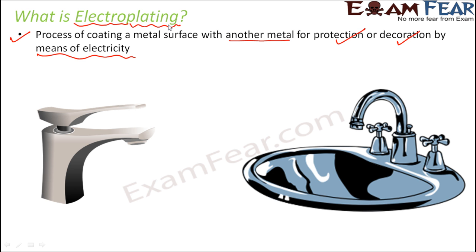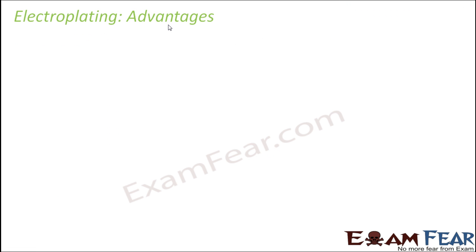Now this turns out to be extremely useful in a lot of things, as I was telling. So some of the advantages of electroplating are it can be used for decorative purposes, like the gold and silver plated jewelry are a lot cheaper than the solid items prepared from these expensive metals.